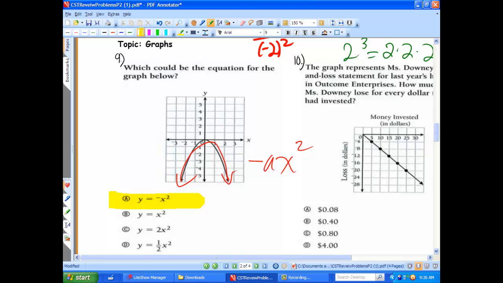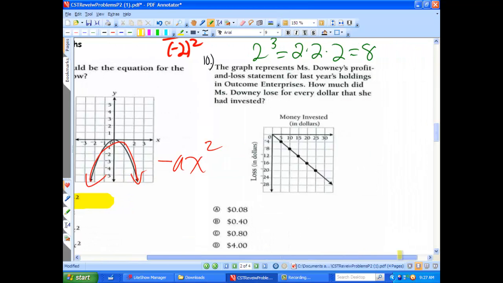The bigger the number, the skinnier the U is, because it's climbing fast. If a is a fraction, it's going to grow slowly. So you're going to have a really wide U or a wide smile because it's growing slowly.